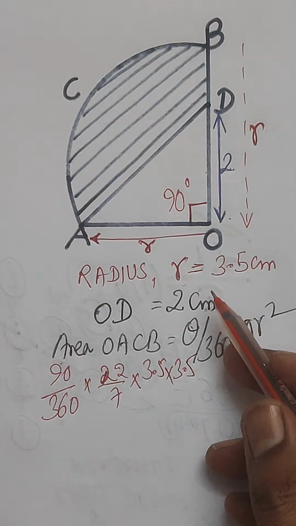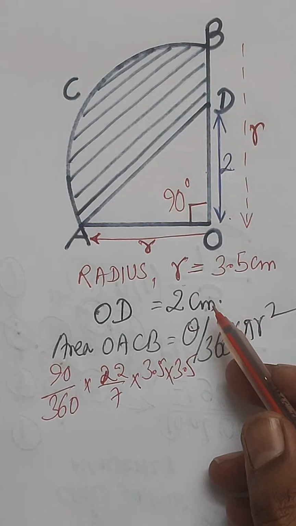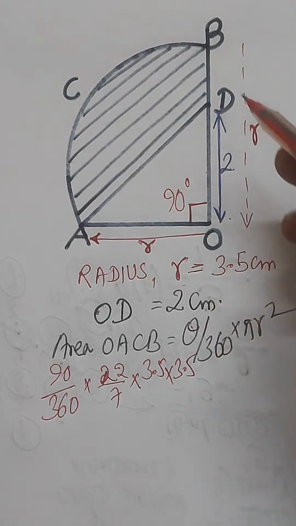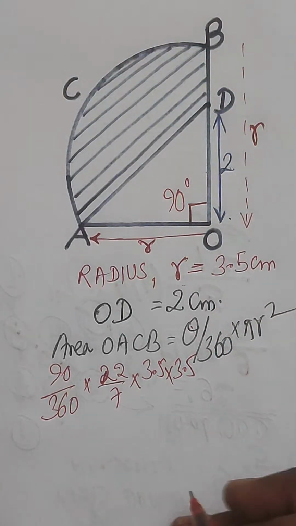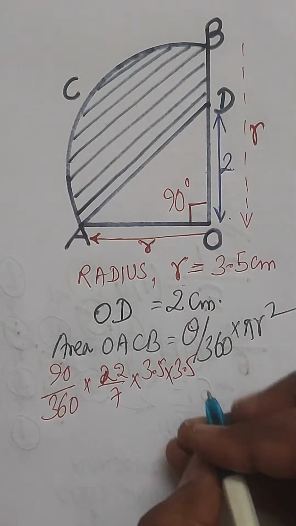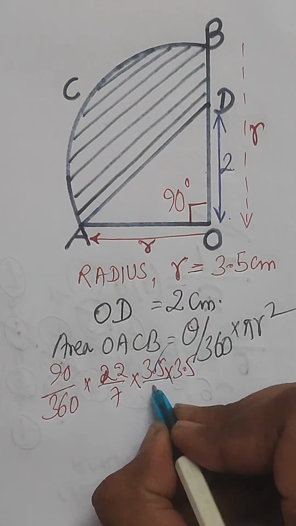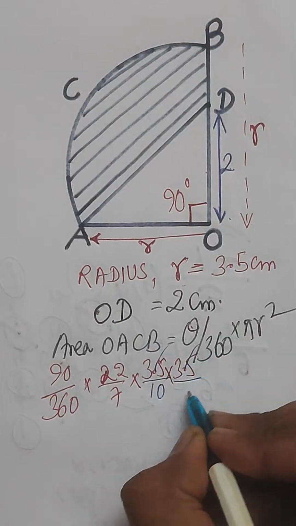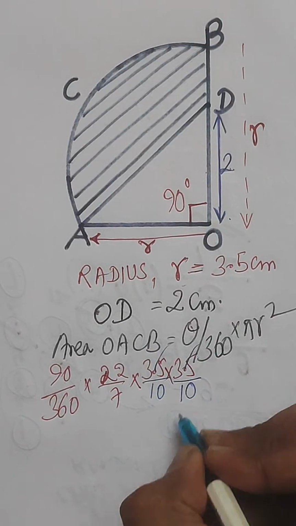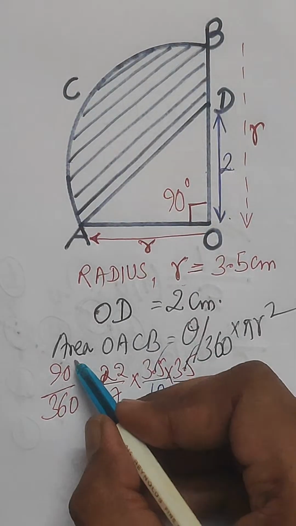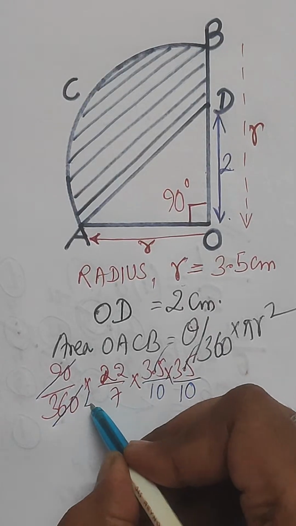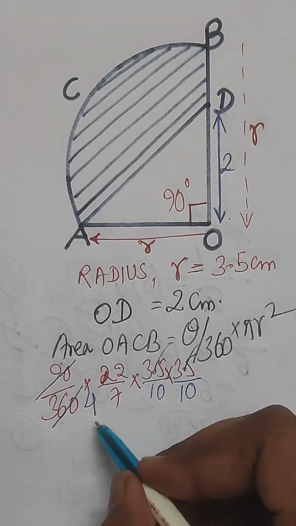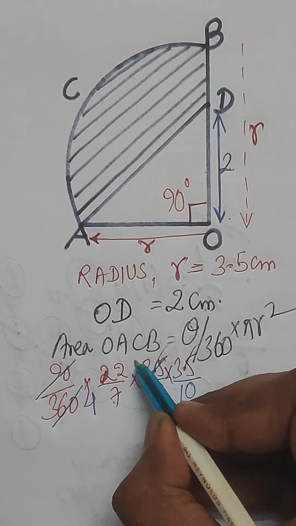After that we will be finding the area of the shaded region. But before that let us solve this. After removing the decimal, this will be 10 into 10 in the denominator, and 90 in 4 times is 360, and 7 in 35 is 5 times.